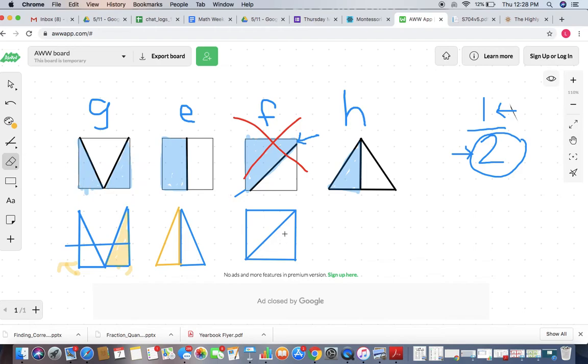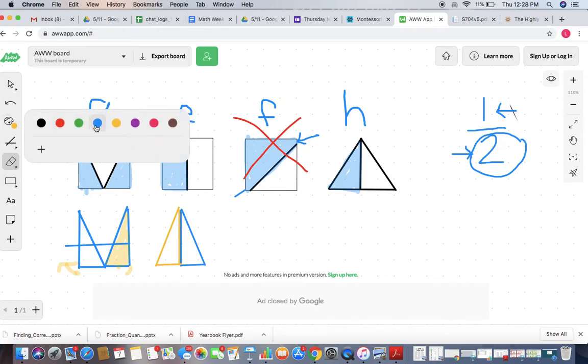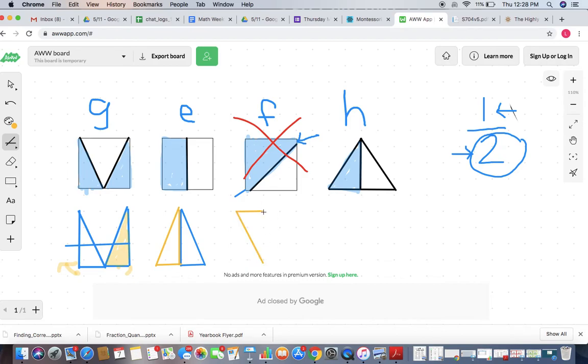So let me get a little space here. Now if we were to put each of these upside down, I'm going to do that now. The bottom of our yellow becomes the top.